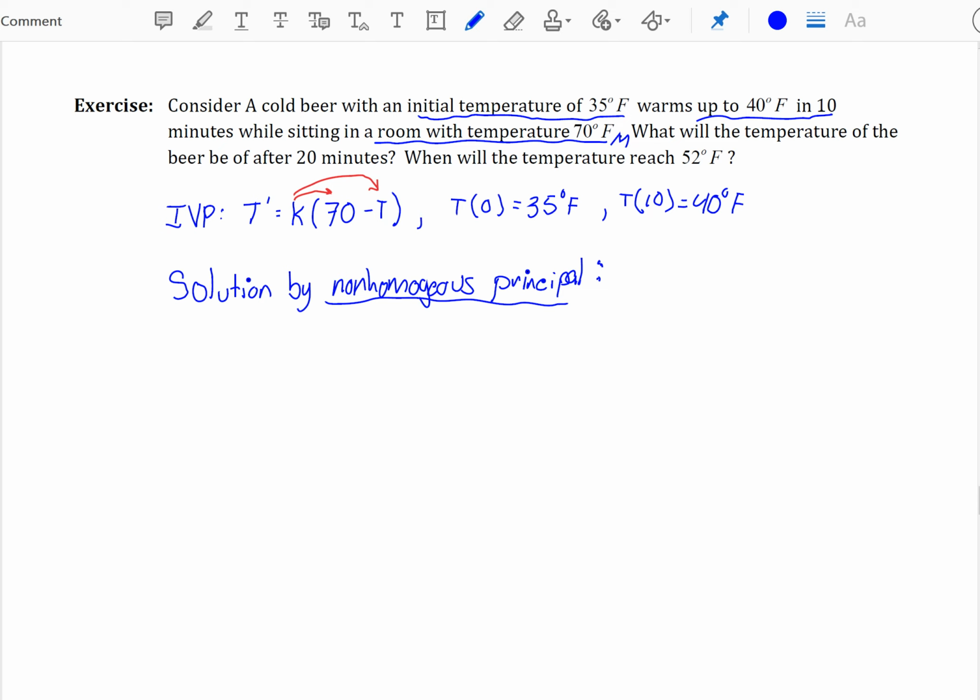And this should give us T prime equals 70k minus kT. And I'm going to get all of the T's on the left-hand side of the equation. So T prime plus kT equals 70k.